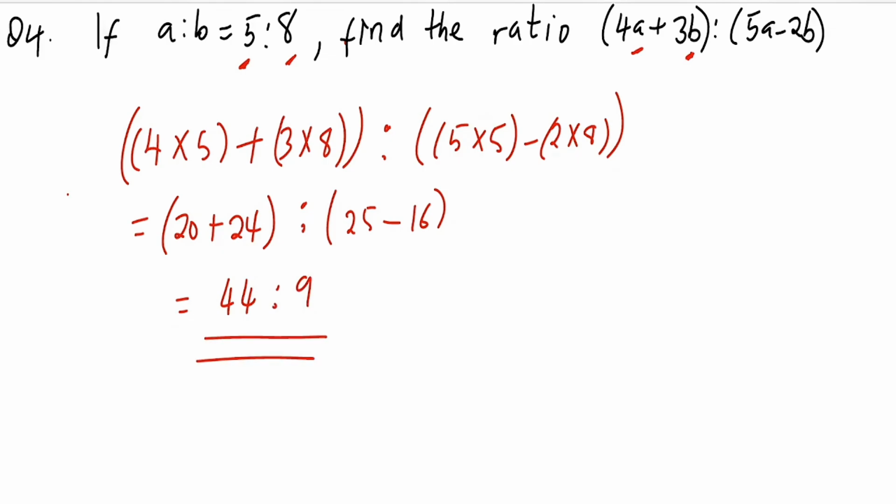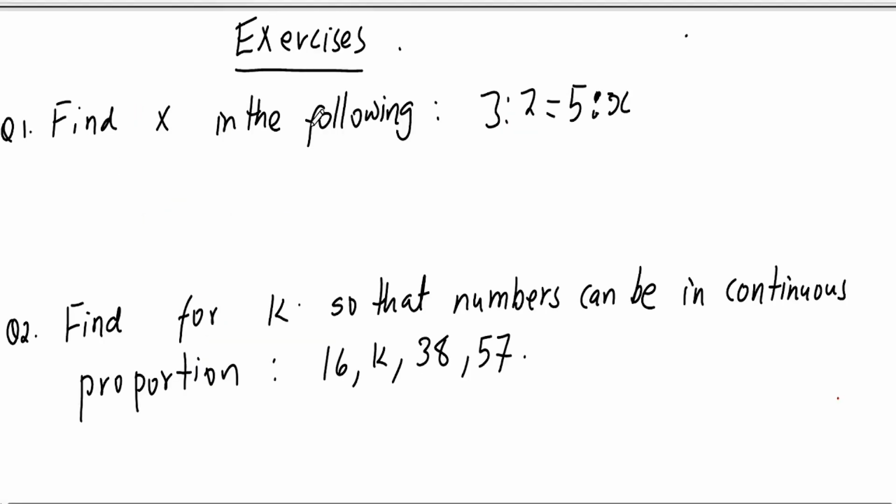Now let's go to the other question. Okay, these are the exercises that you can do by yourself. You can pause it, and when you unpause it, then let's solve it. So now find x in the following. 3 is to 2, which is equal to 5 is to x. So 3 is to 2 is written as 3 over 2, which is equal to 5 over x.